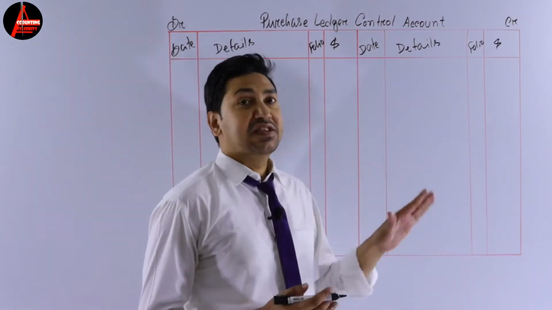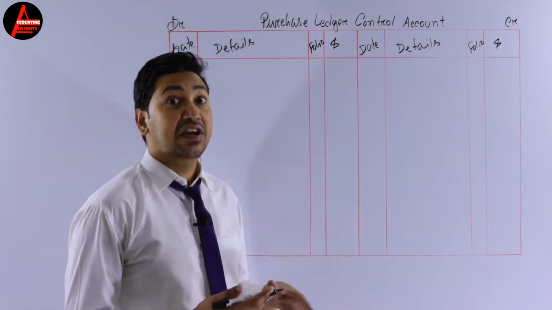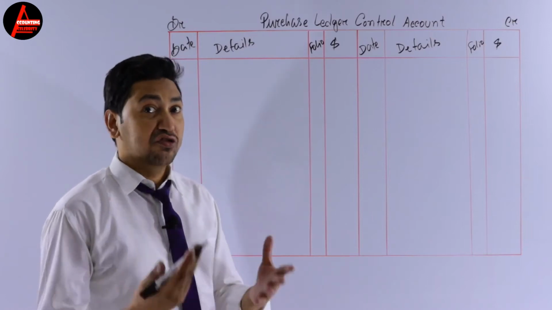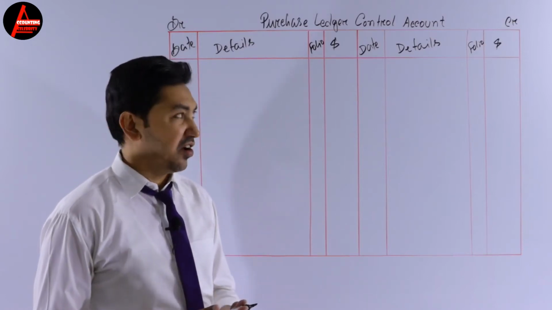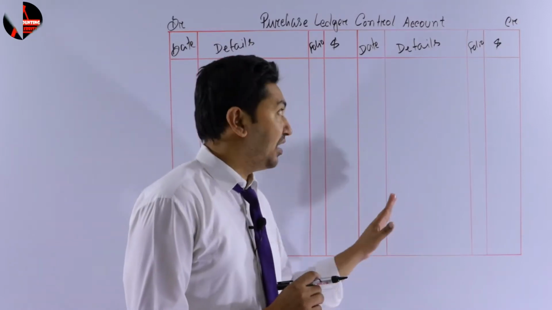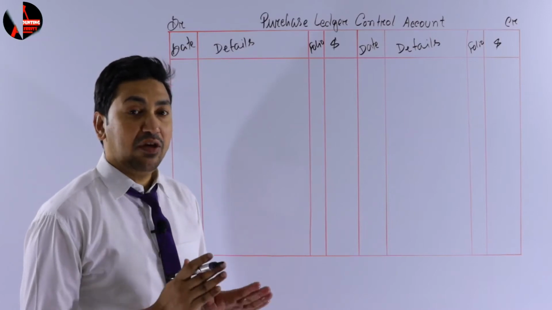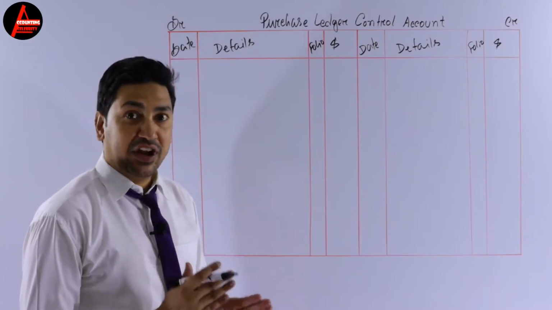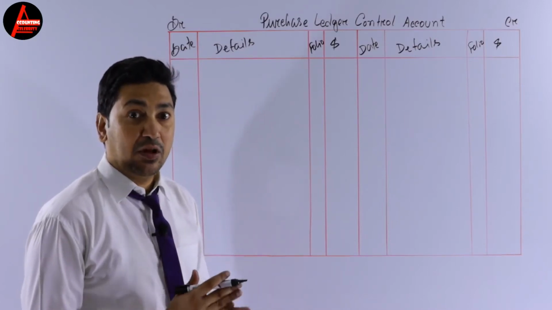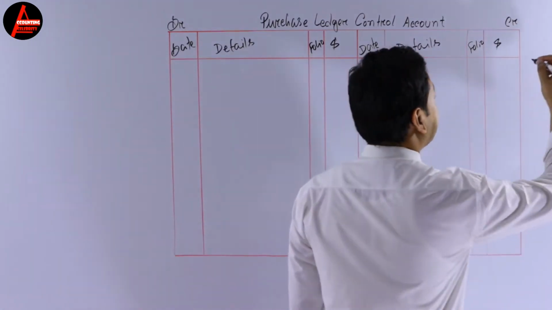Okay, so purchase ledger control account. Actually, this is a creditor ledger control account or trade payables ledger control account. So what to record here in the debit side and credit side? When your creditor or trade payable will be increased, you will record on this side.